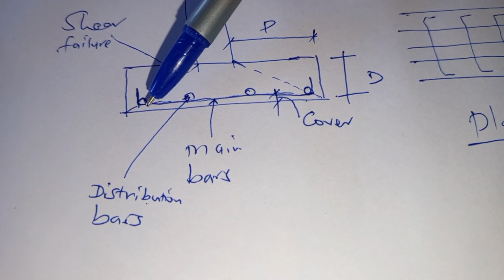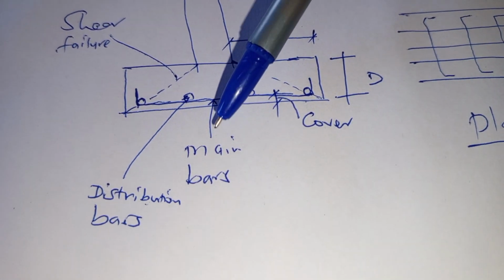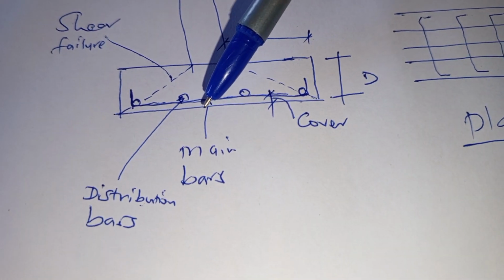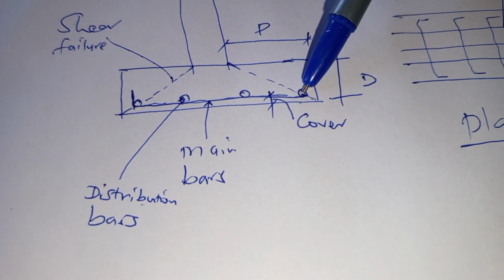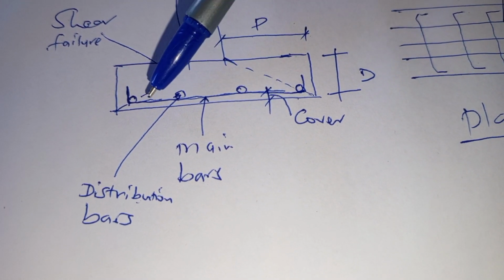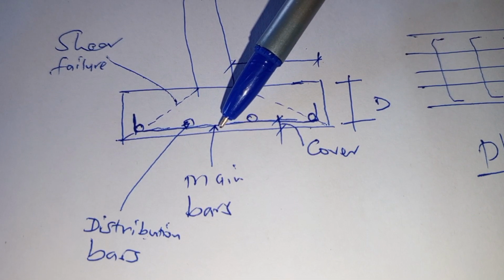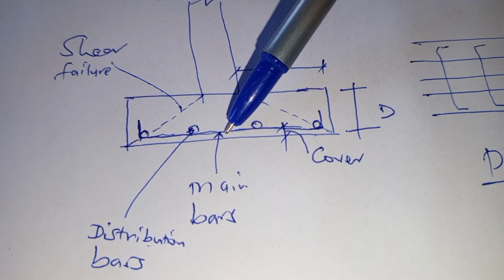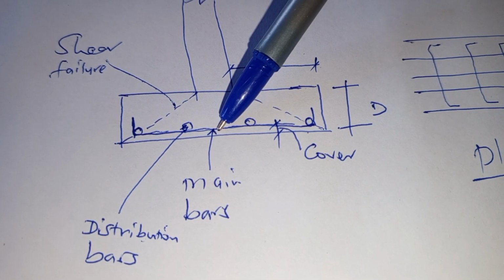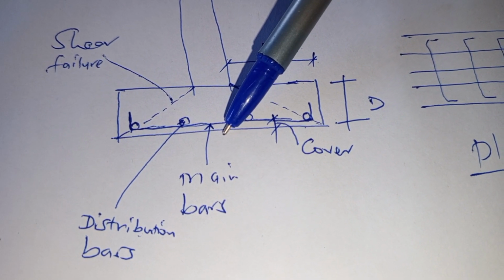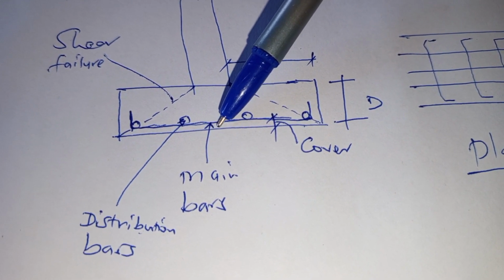Remember, our main bars shall be the bottom one bars. These bottom one bars are normally cut and bent in a U-shape. In our cross section, this line indicates the bottom one bar, and this line indicates the edge of our footing.